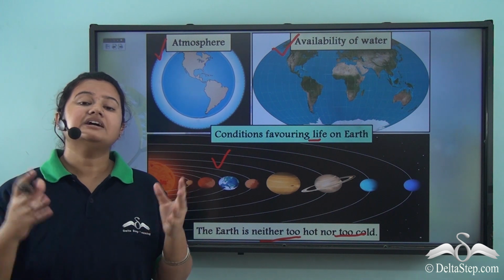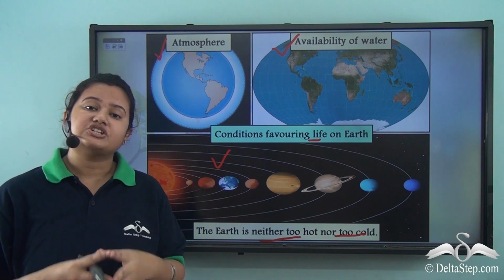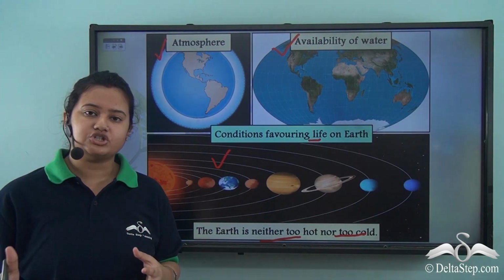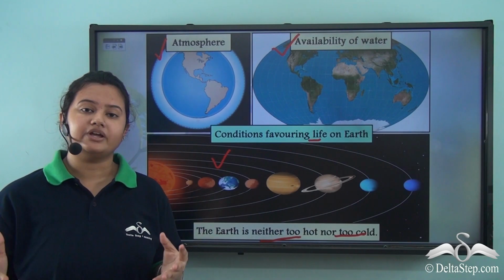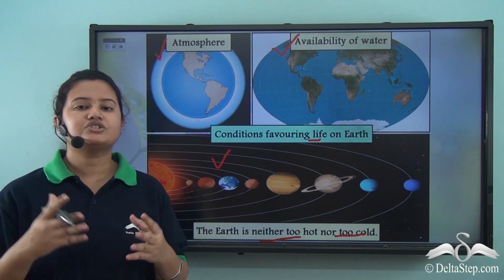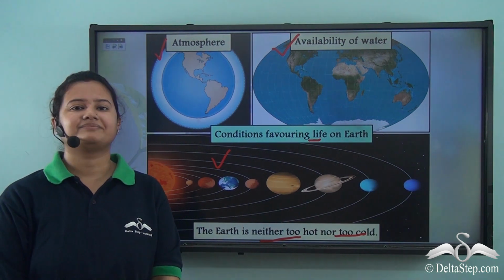Our Earth is the third planet in the solar system. Then we discussed the shape of the planet Earth. The true shape of our planet is known as geoid. Then I also mentioned that our whole planet is very unique because it is the only place in the universe to support life. So this is all about today's lesson.